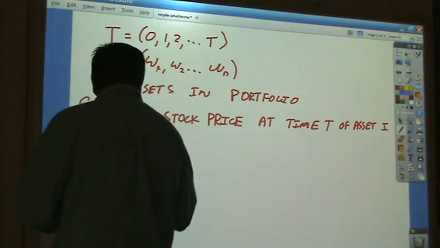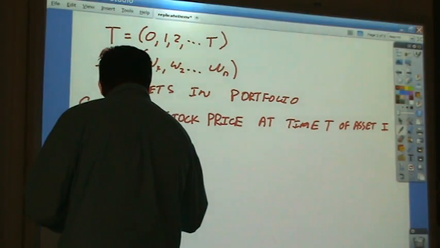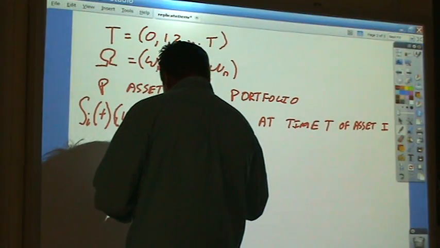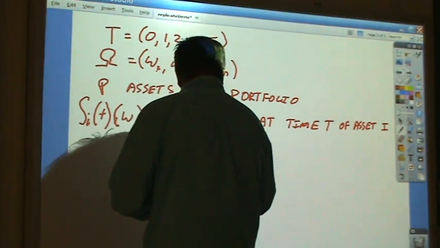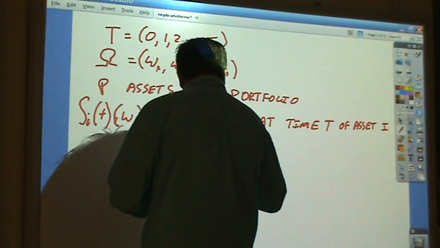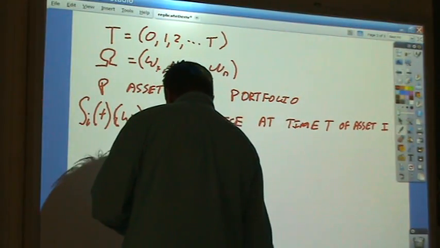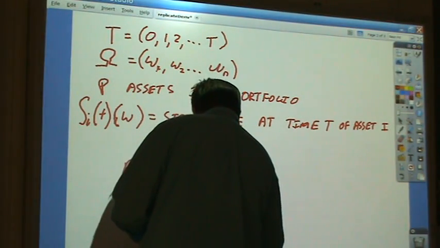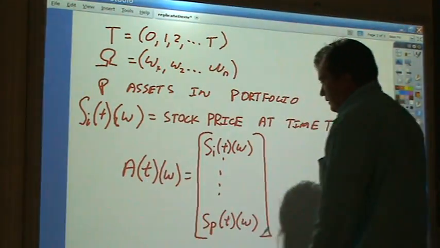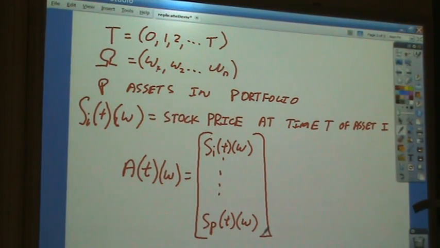So now we're going to define, and again, this is just some notation. This is a vector of a function of all prices at time t under condition omega. I'll go through an example shortly of what I mean by condition omega.